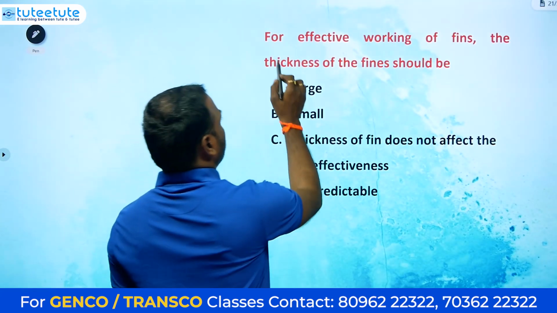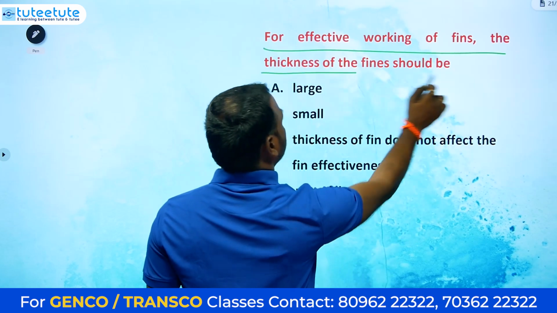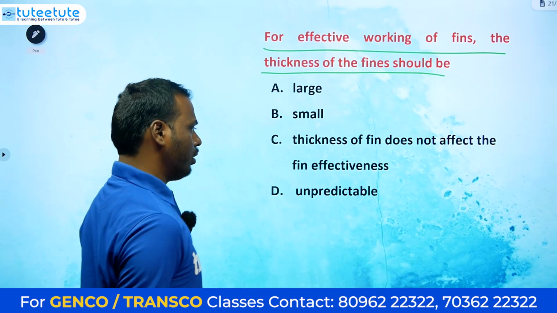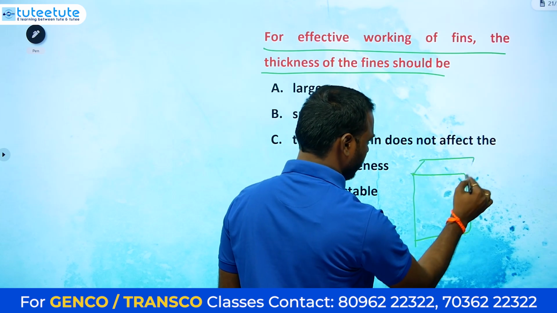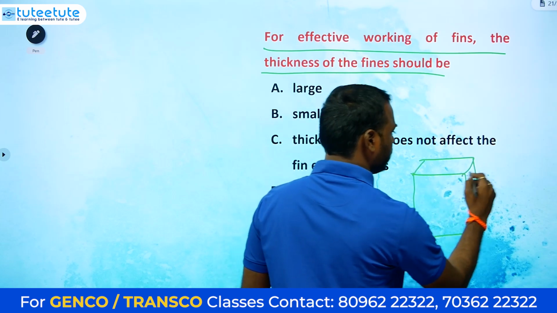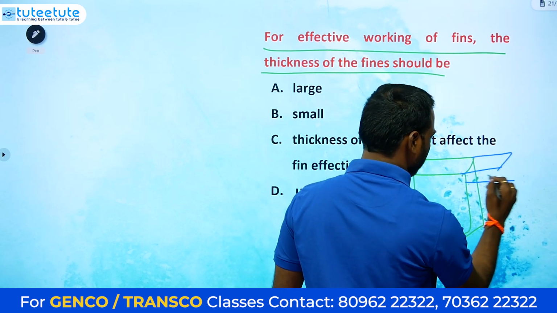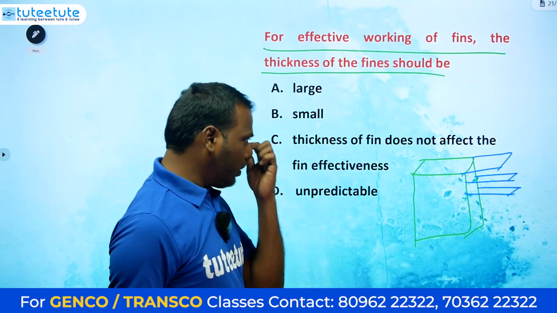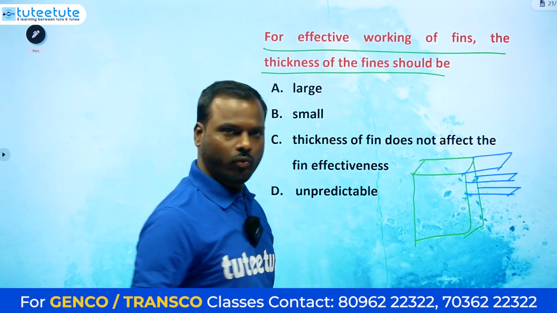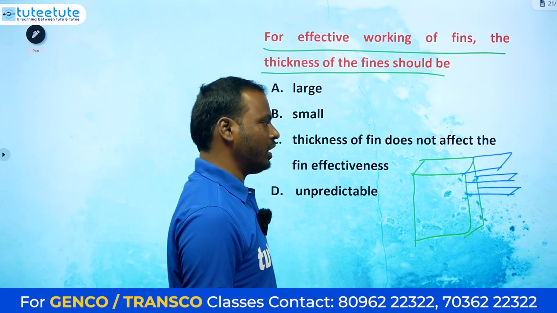For effective working of the fins, the thickness of the fins must be what? We have already seen this is the engine. Suppose I am going to add some fins. For effectiveness, what should the thickness of the fin be? It should be very small.